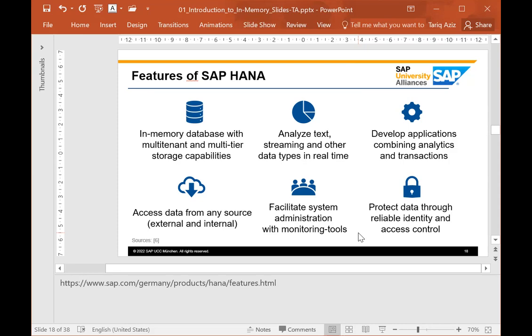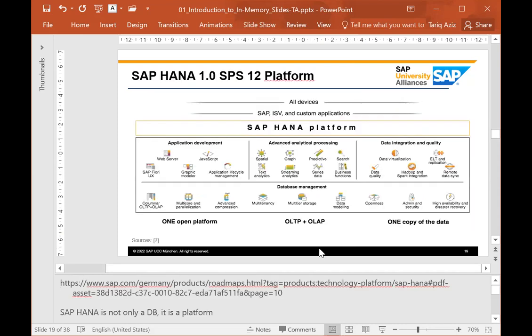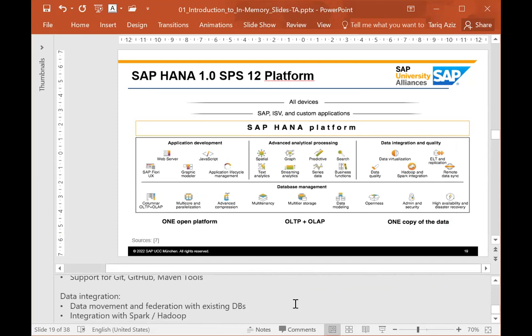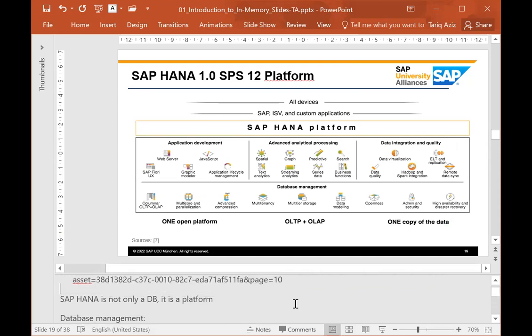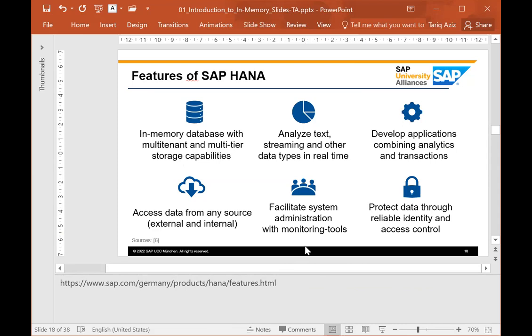Multi-tier storage means we have different kinds of data: hot data, warm data, and cold data.